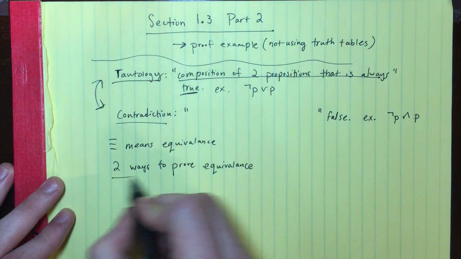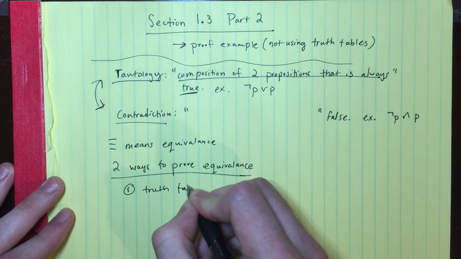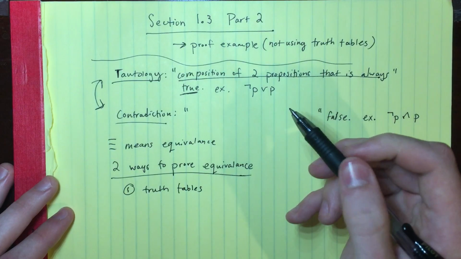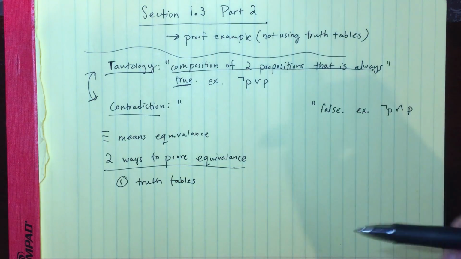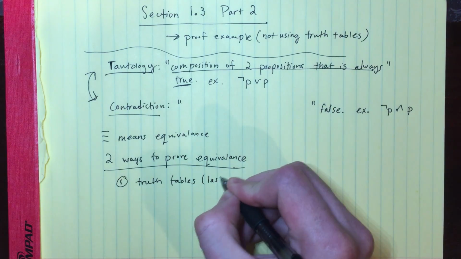So the first way is using truth tables. You make sure that all the values in each column are the same. We went over an example of that in the last video in part 1.